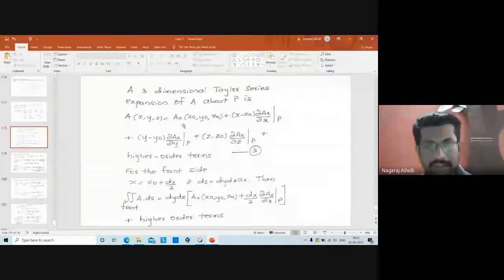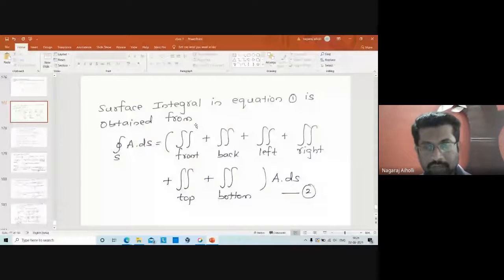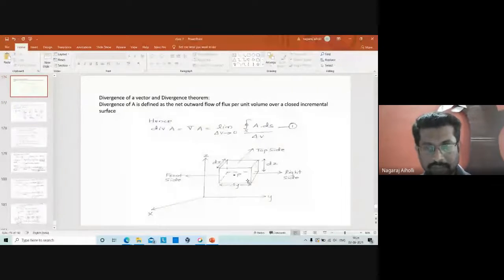The expansion is the initial term, the vector A about the origin, that is x naught, y naught, z naught, plus the difference between the present point and the origin. What is the present point? The present coordinate is P of x, y, z. If I take this corner, it is x naught from the origin. If I consider up to the point P, then it is x.